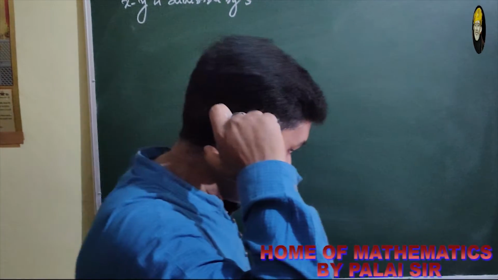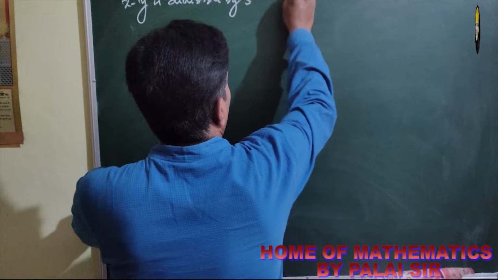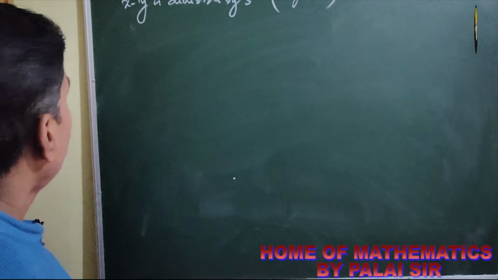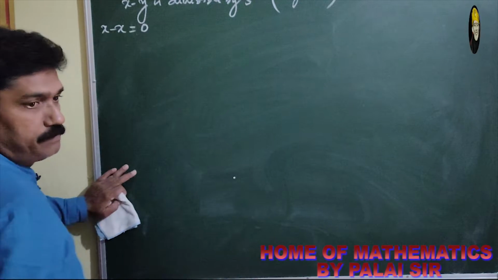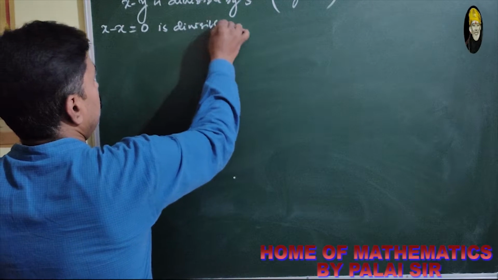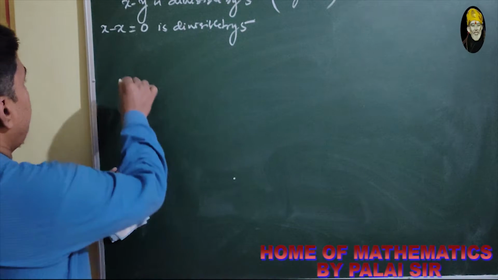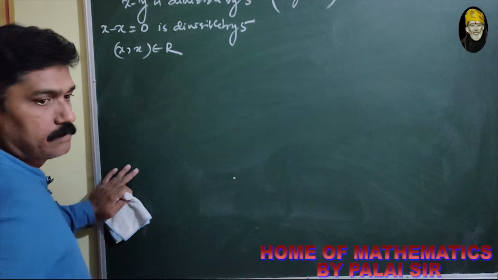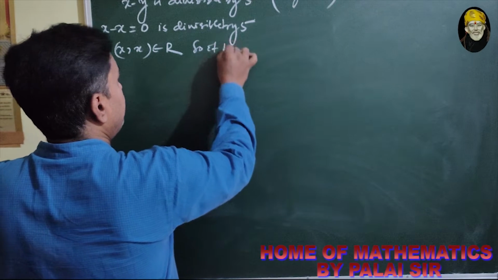This is given, and here xy belongs to R. So first you have to take x minus x. Its value is 0. 0 is divisible by 5. So what you are getting? xx belongs to R. So it is reflexive.